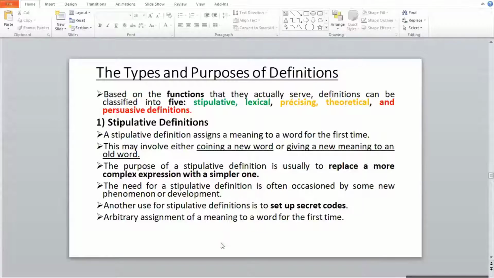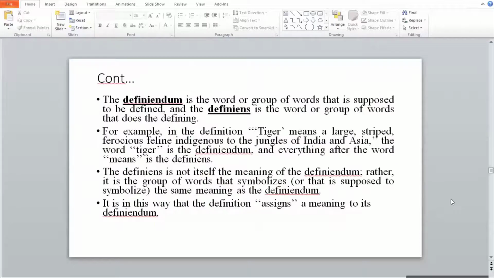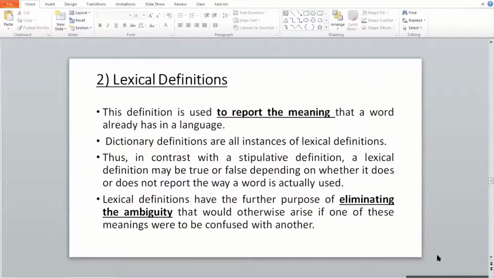Okay. Now let's jump to the second type of definition, that is lexical definition.